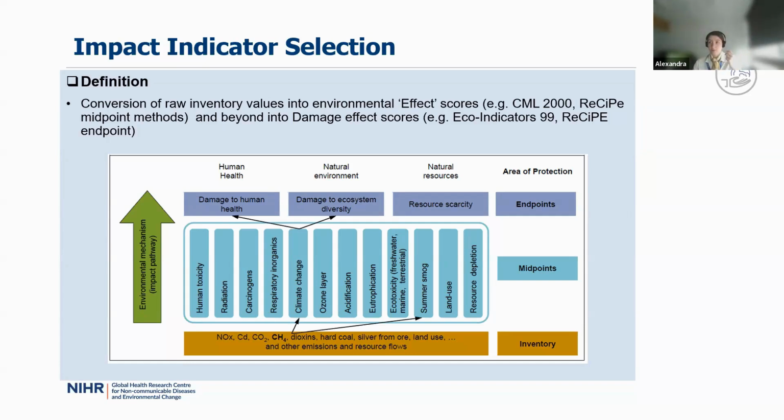But in the majority of cases, we're looking at something in particular. There's an environmental problem that we want to see and that is most interesting to us. So in this case, we usually use midpoints. And I think this actually is much better because each impact category is looking at a different environmental problem. So, for example, climate change refers to greenhouse gas emissions.